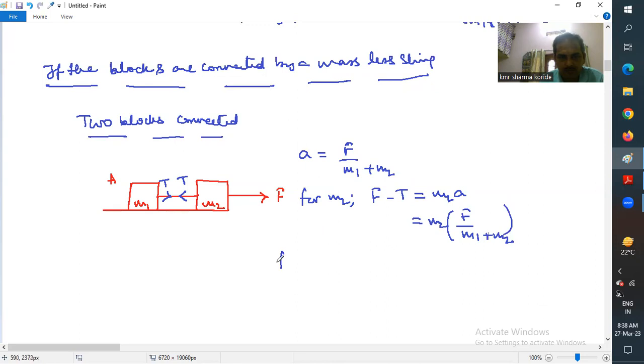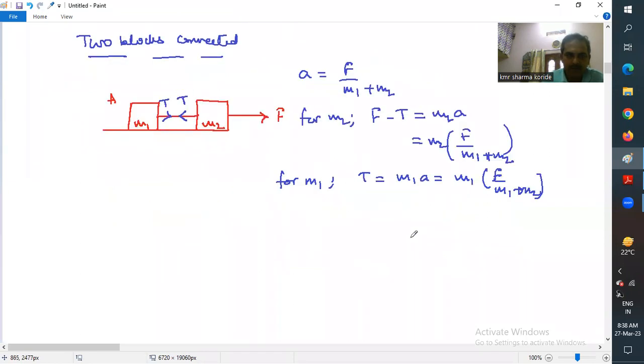So this is for M2. For M1, tension favors. Tension is equal to M1A, M1 of F by M1 plus M2.